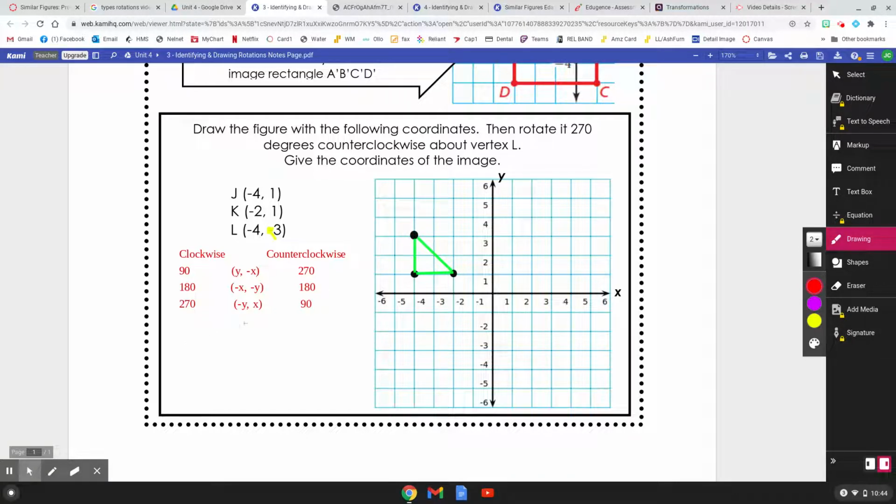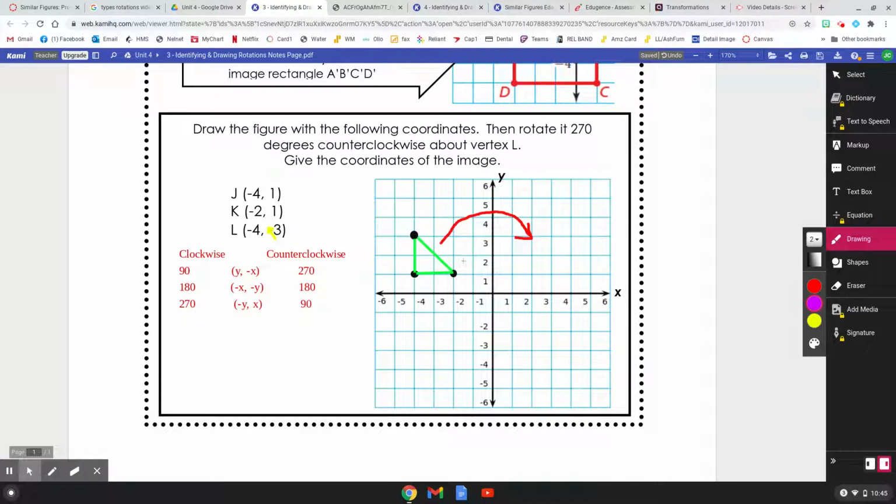All right, so hopefully you've got this written down. So now let's talk about what this means. I have a triangle here. If I wanted to rotate this 90 degrees clockwise, we have 4 quadrants here. So if we're going from this quadrant, 90 degrees clockwise would put it here in this quadrant. So that would be 90 degrees clockwise. If I wanted to move it 180 degrees, think of a circle.